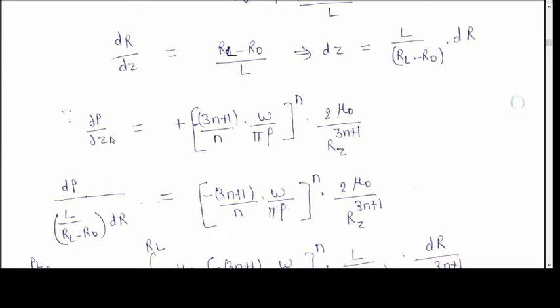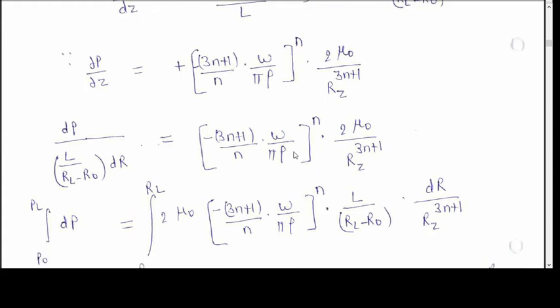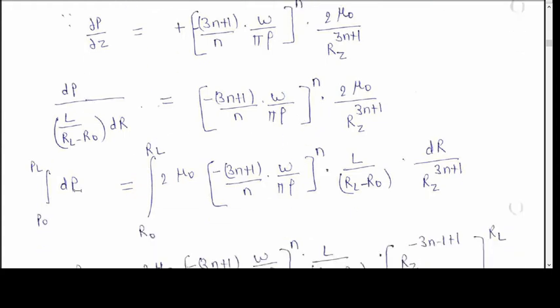Substituting the value of dz, we can segregate the variables. This side we are left with P and the rest of the terms we have taken to the other side, and we are integrating over the entire radius because this is a function of r only. So this is r0 to rl, and the corresponding pressure is P0 to PL.